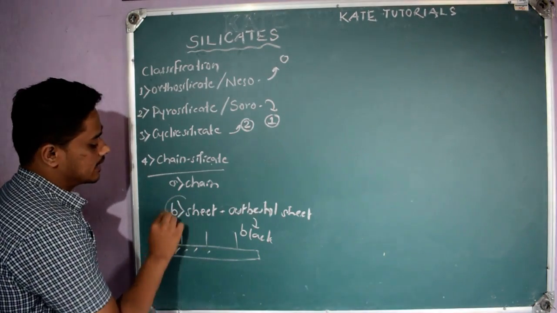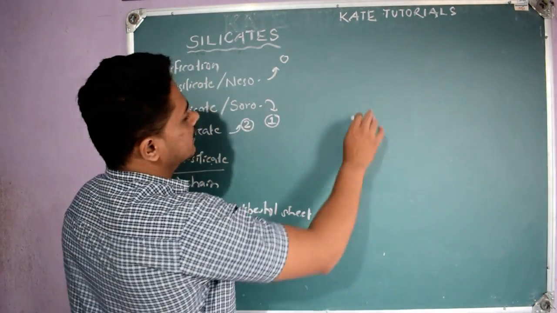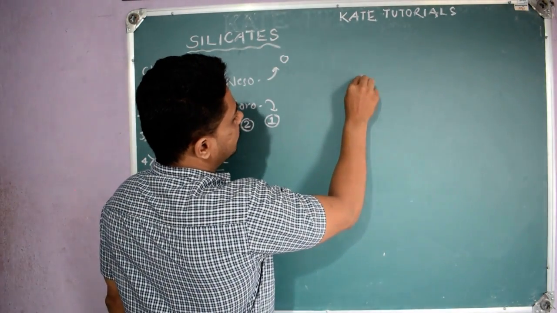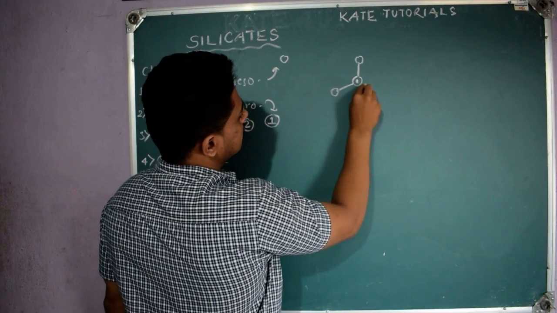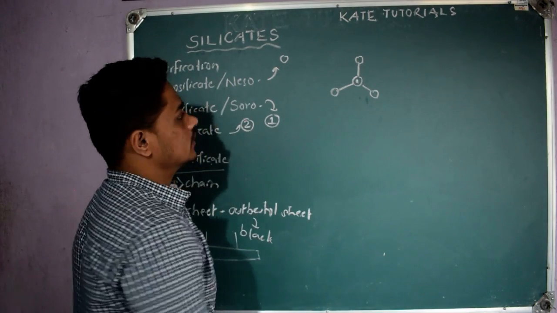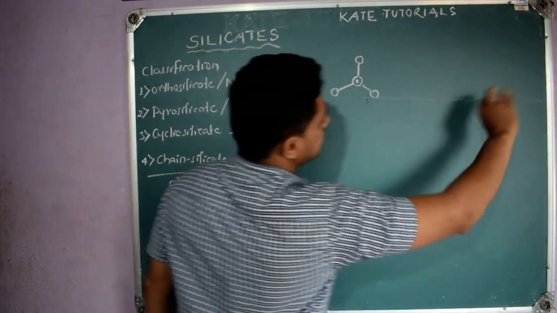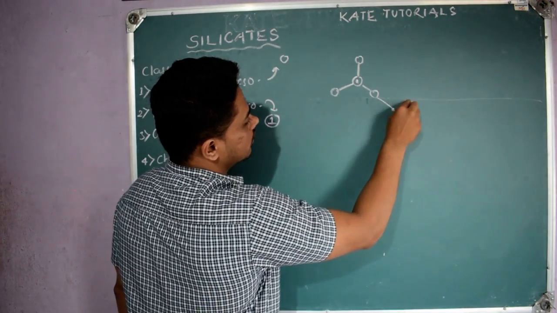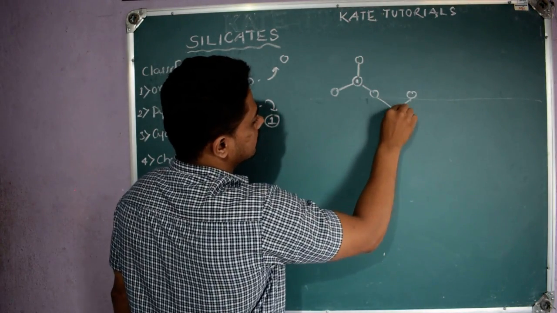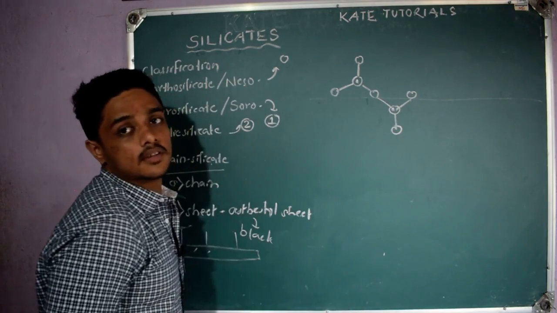So now let us see about this sheet silicates, that is asbestos. Similarly, this is silicon, above it 1 oxygen, here 1 oxygen is there, and here 1 oxygen, here 1 oxygen, right? Again, just to make a line like chain silicate, from this oxygen is shared to 1 more silicon, and here 1 more oxygen is there, and above 1 oxygen, and it is attached to 1 more oxygen like this.